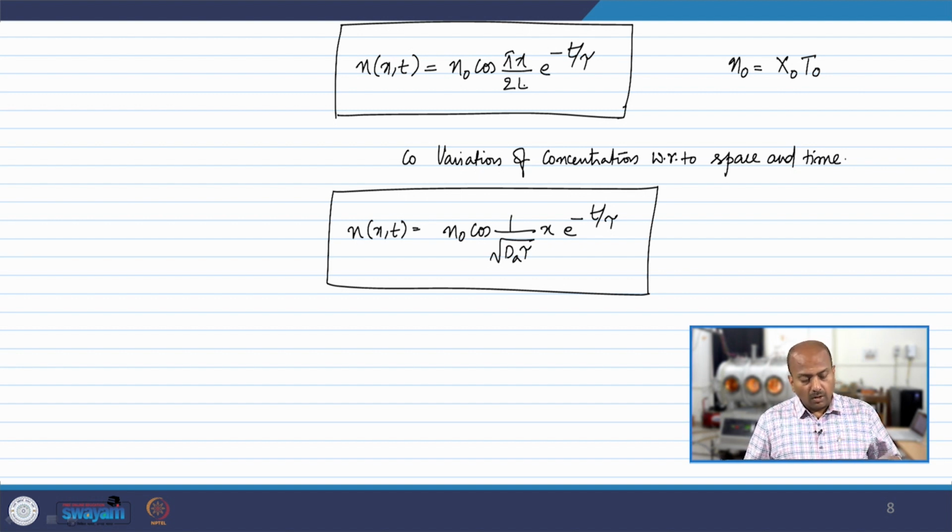So, this concludes the discussion on how plasma that is produced between two plates separated by a distance of minus L to L will decay with respect to space and time as a result of diffusion and collisions.